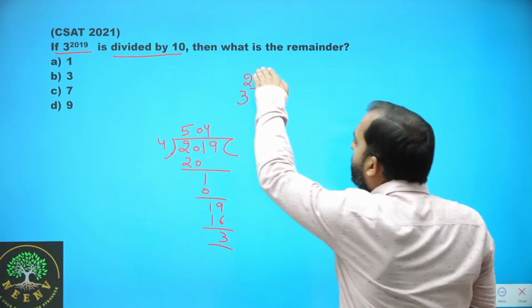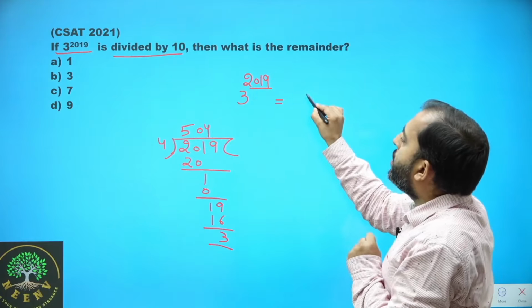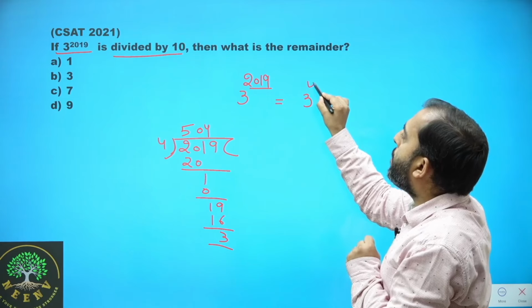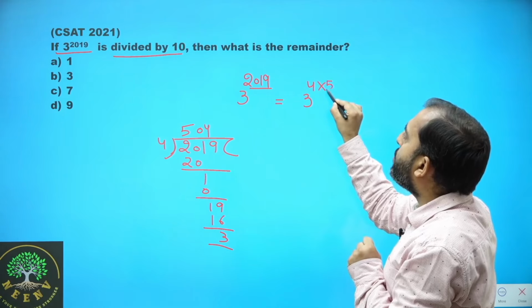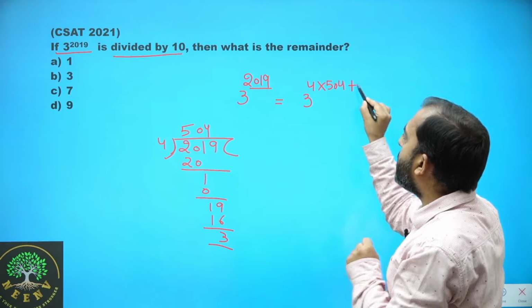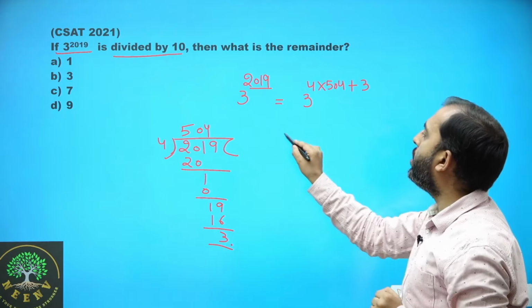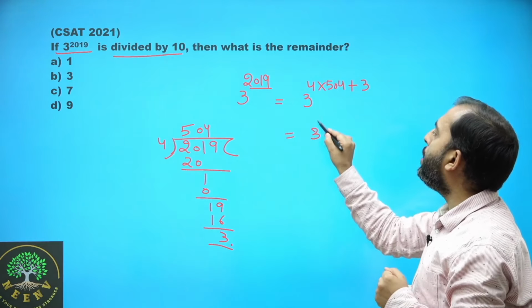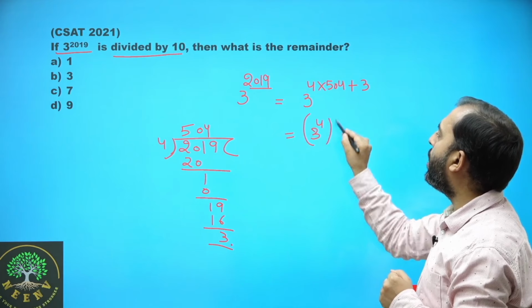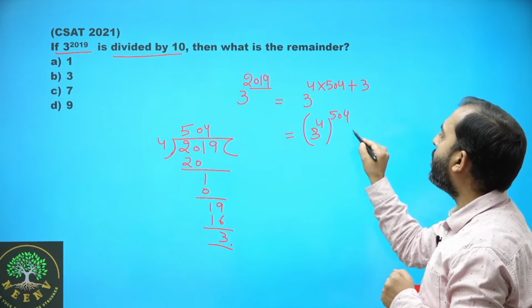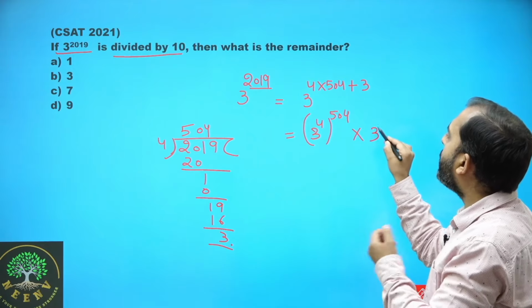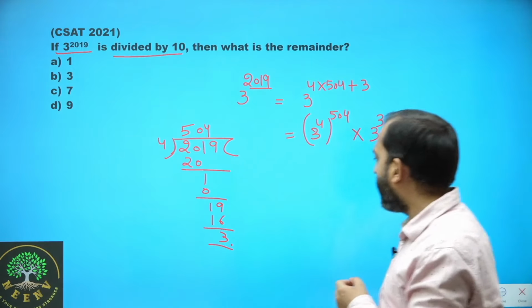Now this 3 power 2019 can be written as 3 raised to the power 4 into 504 plus the remainder 3. And this can further be written as 3 power 4 whole power 504 into 3 power 3.